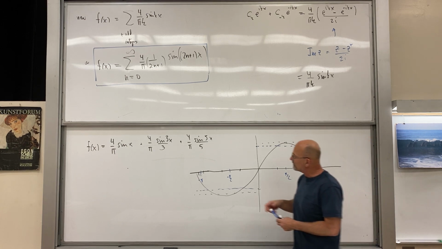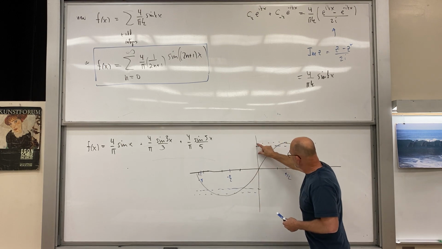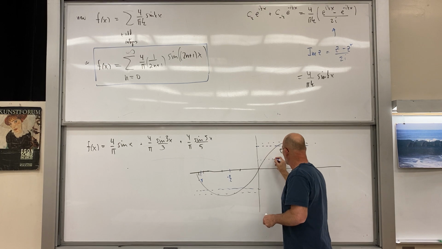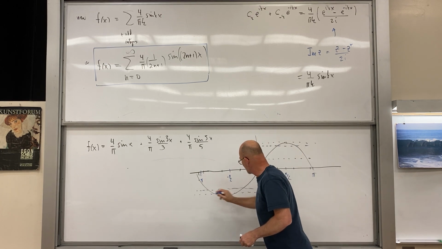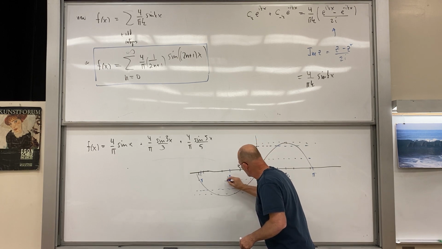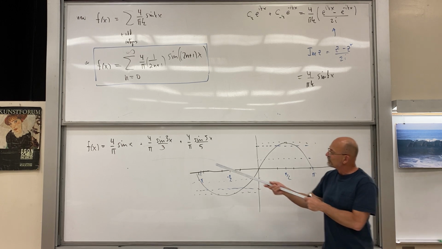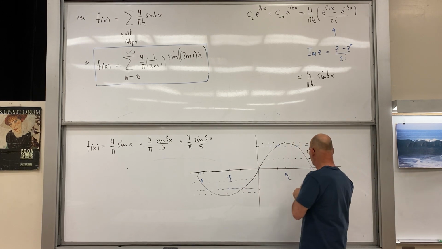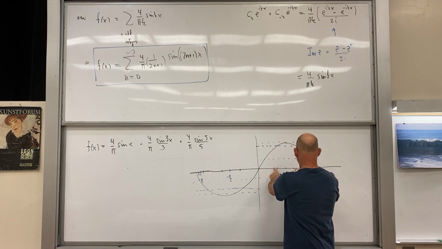So now we have 1/3 of this 4 over pi, so we'll just look at about 1/3 of this. And we have sine of 3x, so we have to divide this interval up into 3 parts. We're going to eyeball it.